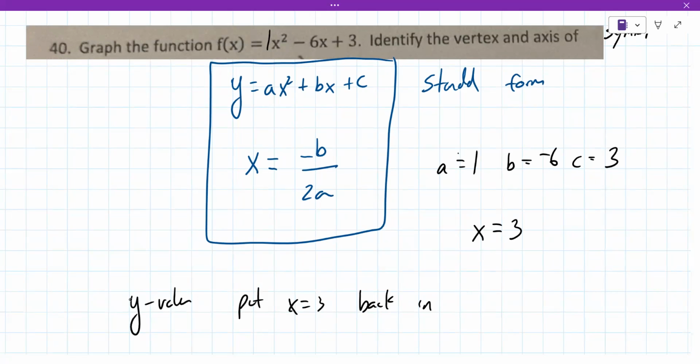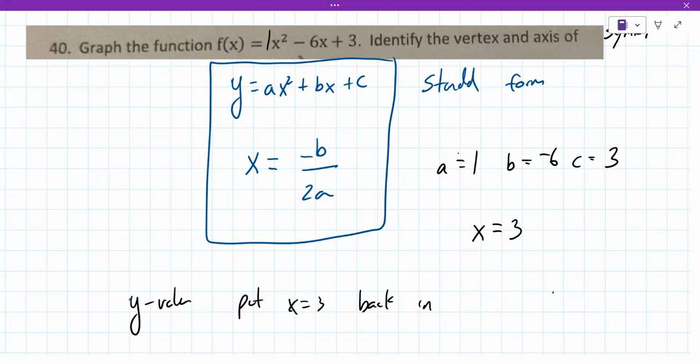y equals 3 plus negative 15 plus 3. Oh, no. Is it 9?